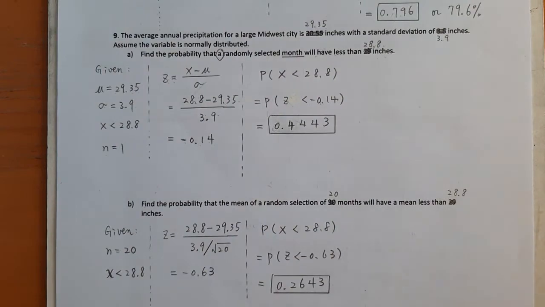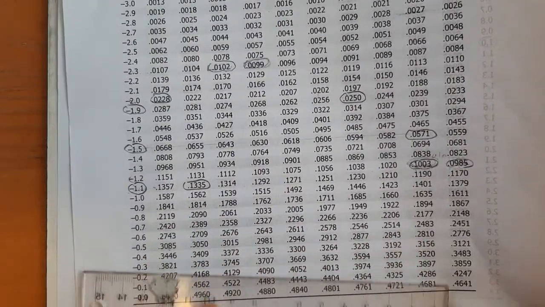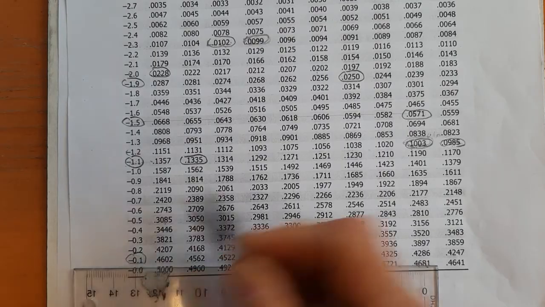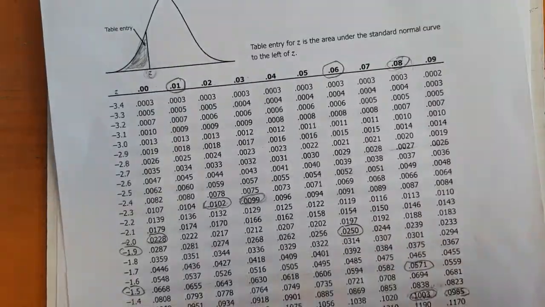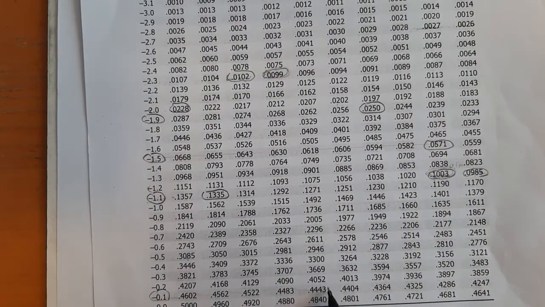Looking at the table, negative 0.14: negative 0.1 here, and 4 here. Together, negative 0.14.